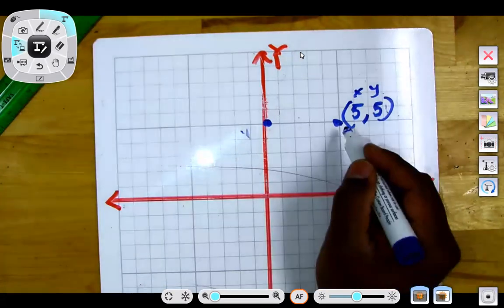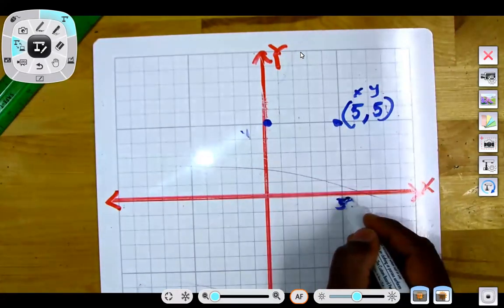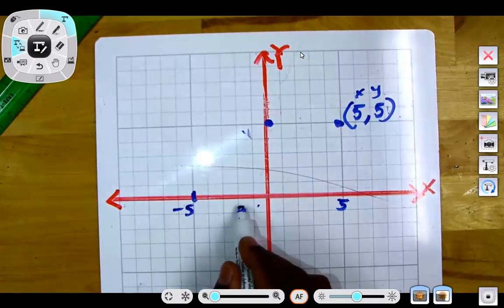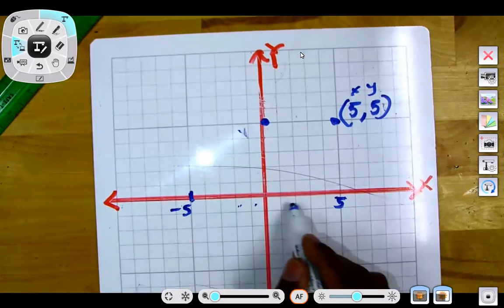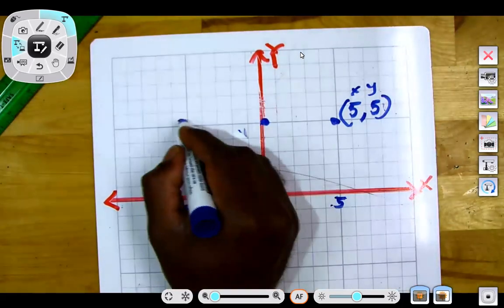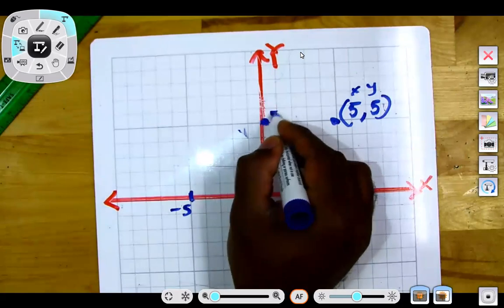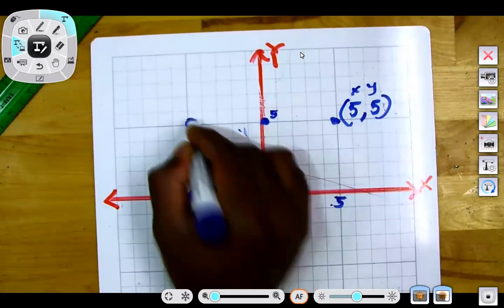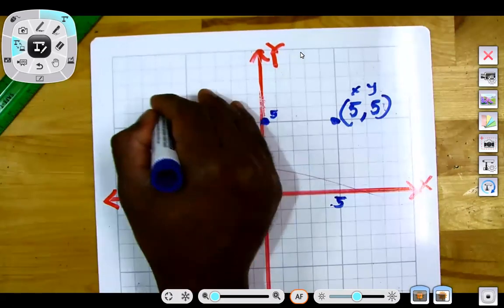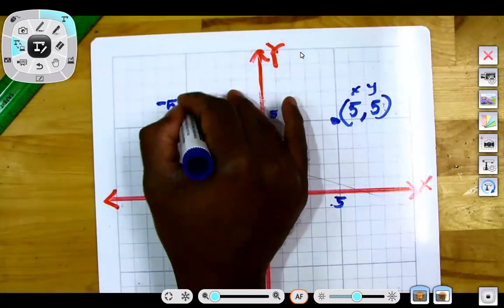So the x value is 5, so it's going to be negative 5. So it's right over here, 1, 2, 3, 4, 5. And the y value stays the same, so it's going to be here, 5. So when we write the coordinate, we're going to write negative 5, 5.